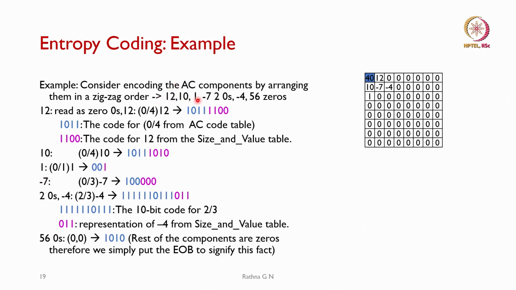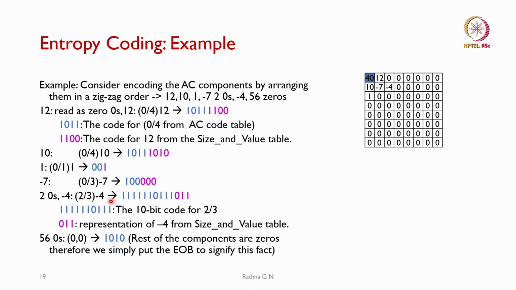These are the values you are sending. Sorry, it is not 10, it is 10 in decimal value, and this is 1 in decimal value. Next one is minus 7, so you need 3 bits to send it. So, minus 7 is sent as this, and then the next one has 2 zeros in between minus 7 and minus 4.